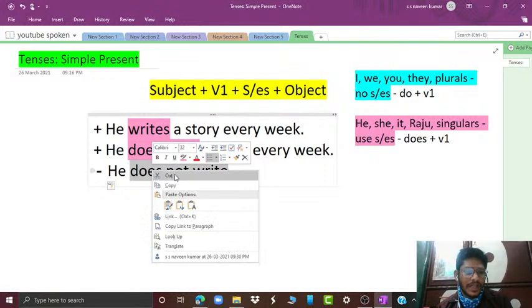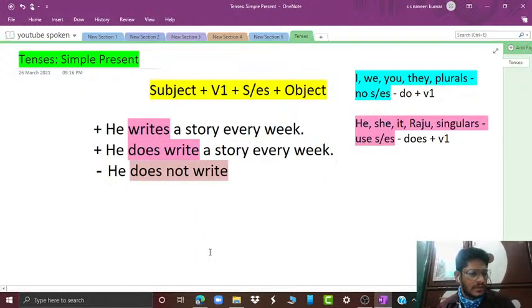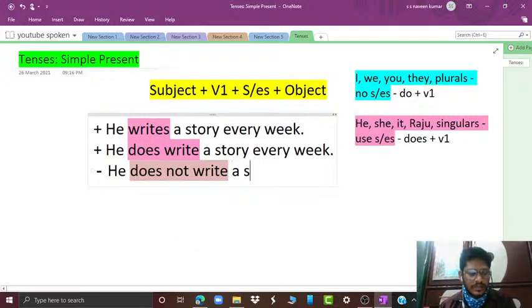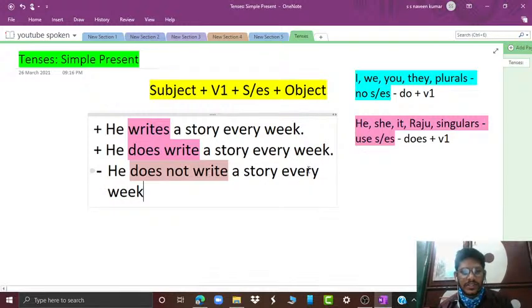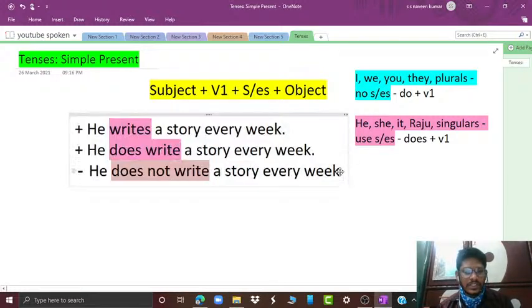Whenever we want to write a negative context or negative sentence, it's very easy to identify the negative sentence. Yes, he does not write a story every week. So this is how we write the negative context.